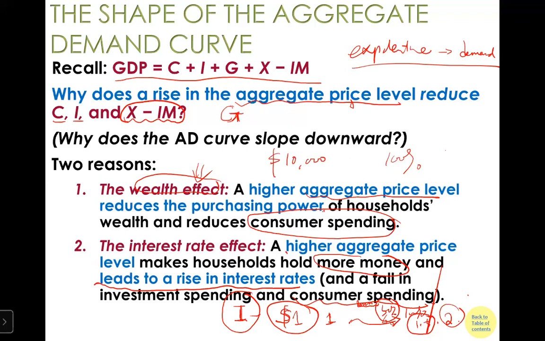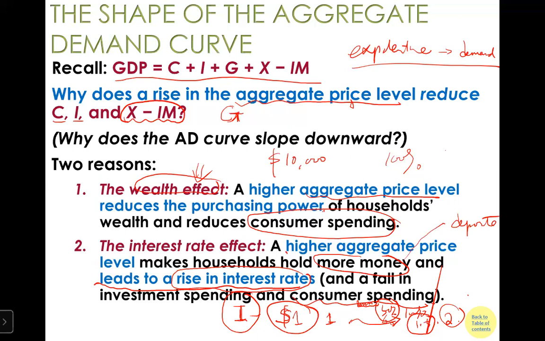But where does this rising interest rate come from? It comes from the higher price level, and households must hold more cash. If households hold more cash, there is less money available in deposits in the bank.